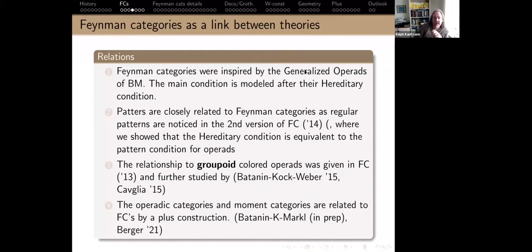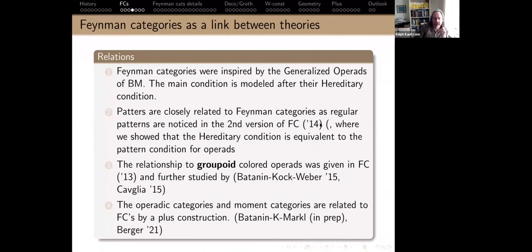connections found. So as I said, generalized operads were the reason to look at Feynman categories. The main condition is modeled after the hereditary condition in there. We found out that after discussions, it wasn't that obvious in the beginning, but the point is that they're related to regular patterns.